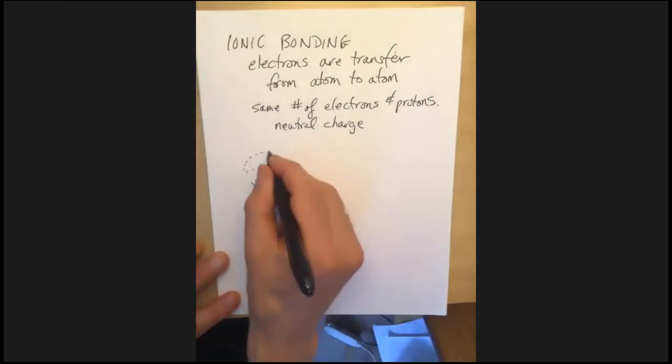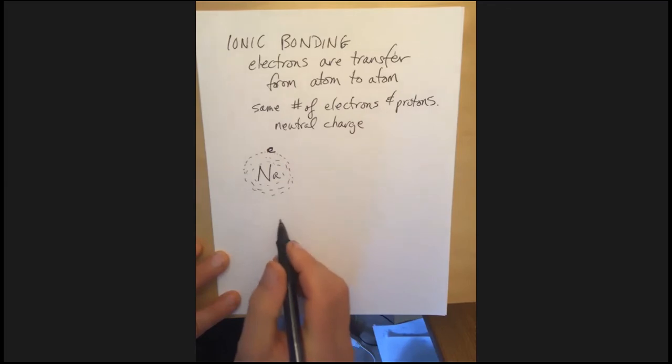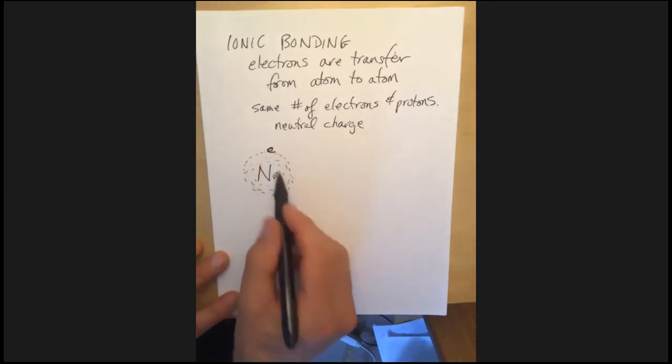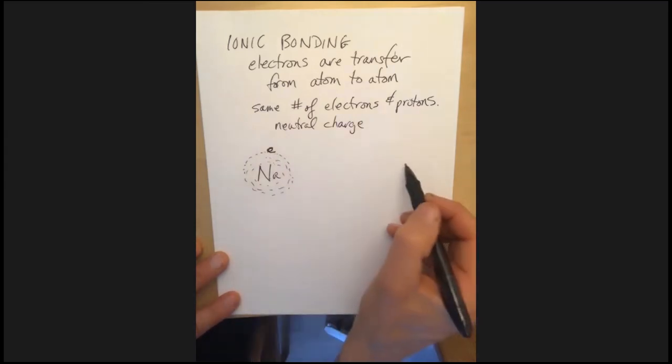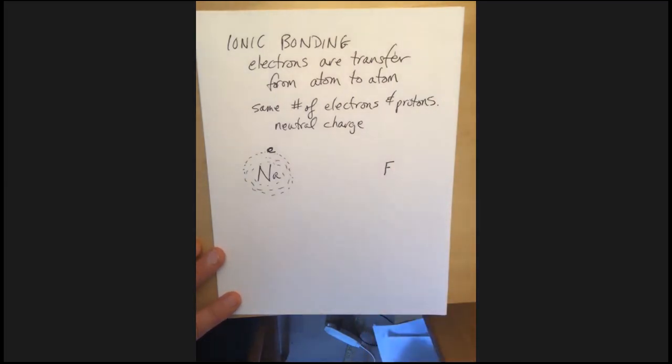So sodium has 1 electron out here, and we're going to take that electron and transfer it from the sodium atom to some other atom. In my case, I'm going to transfer it to a fluorine. So let's have a quick look at the fluorine again.